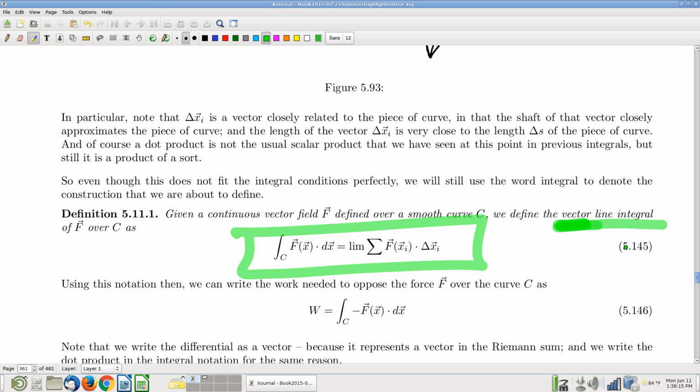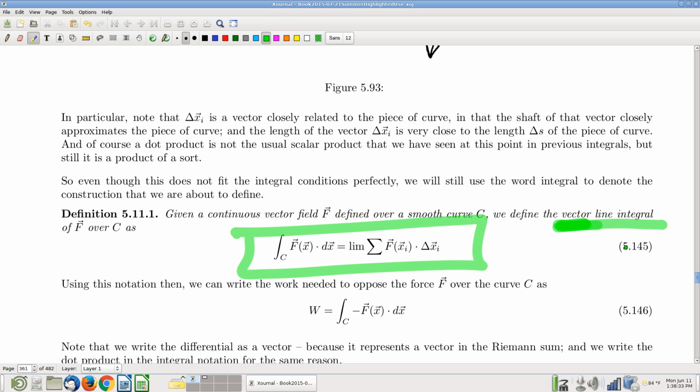If you talk about a line integral of a vector field, of course you mean a line integral of the vector field dot the displacement vector, because the other construction doesn't make any sense for a vector integrand.